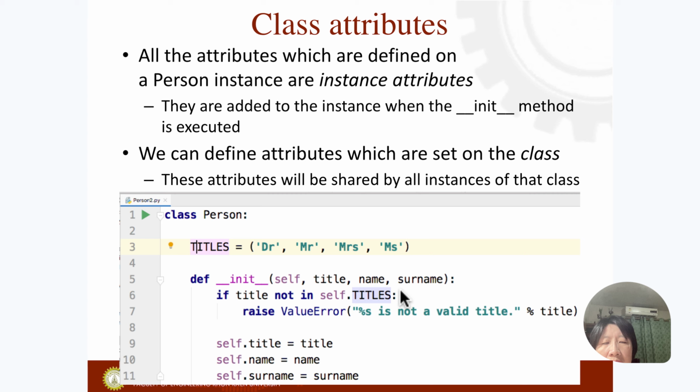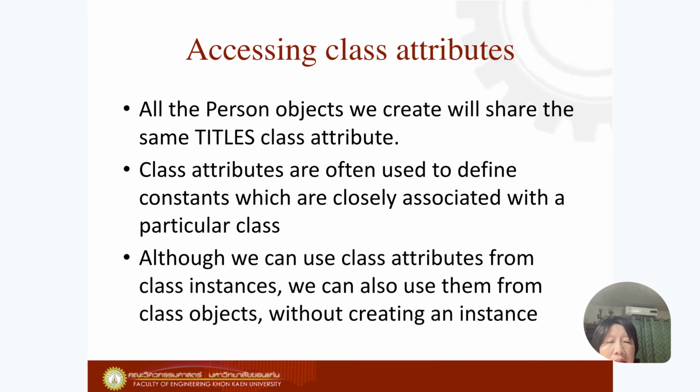Here we can also access the class attribute via self. And if there's a value error, then we raise a value error. Otherwise, we just initialize title to be the title that's passed in as an input parameter, and so on.